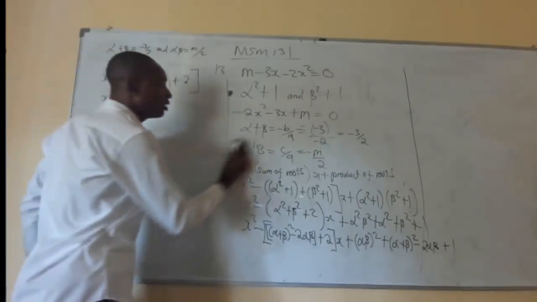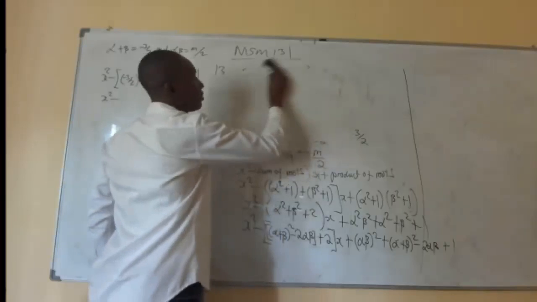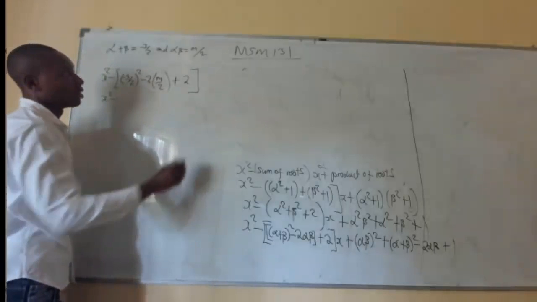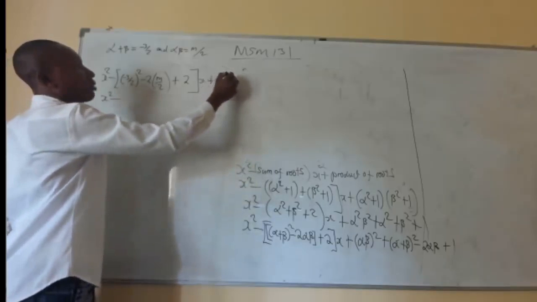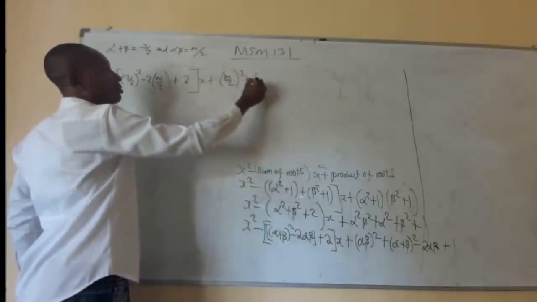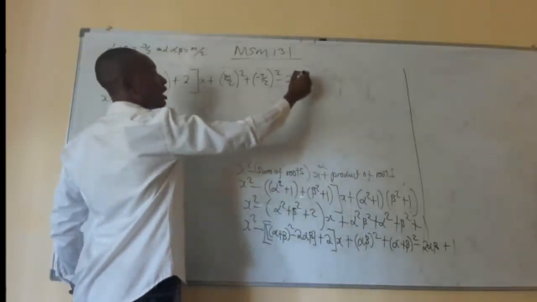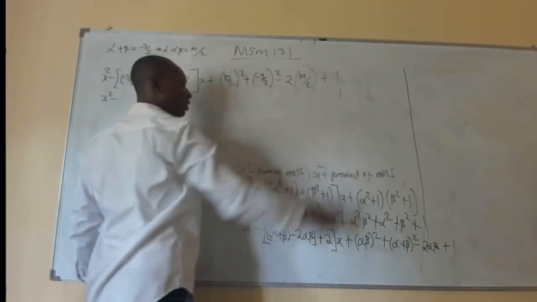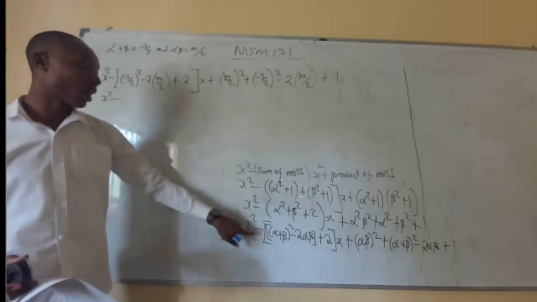Okay. x plus the product, m over 2 squared, we're here now, plus the sum, negative 3 over 2 squared minus 2, the product m over 2 plus 1.